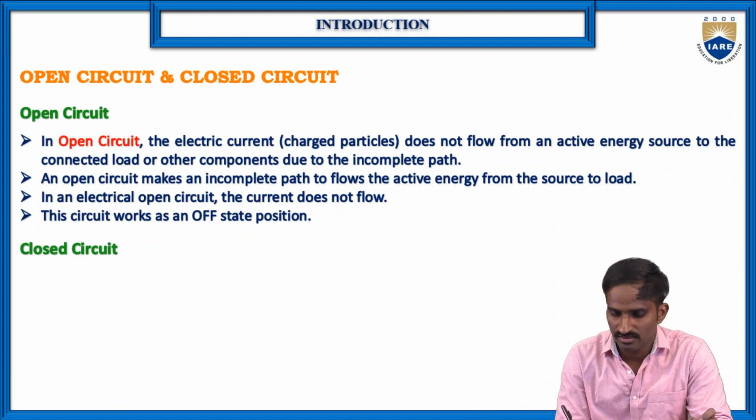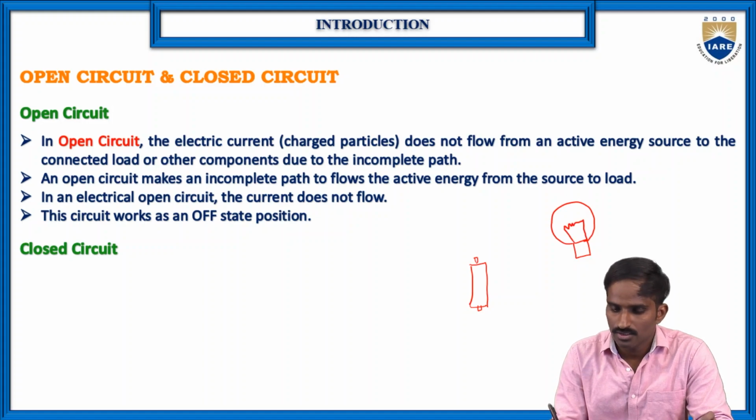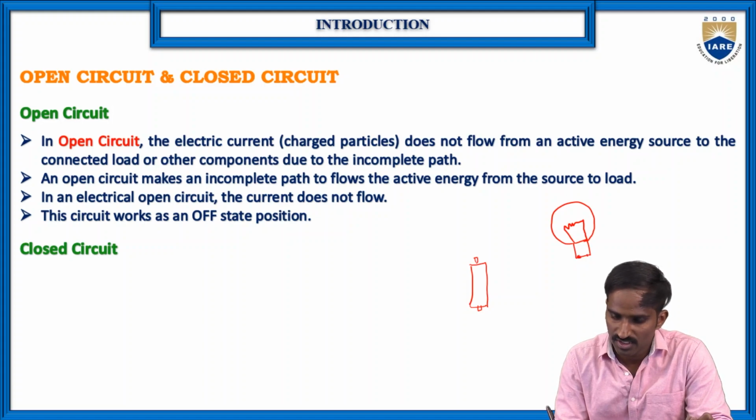Let me consider one battery and one bulb. If you want to glow the bulb, we have to connect it, because the bulb has two terminals and the battery also has two terminals.